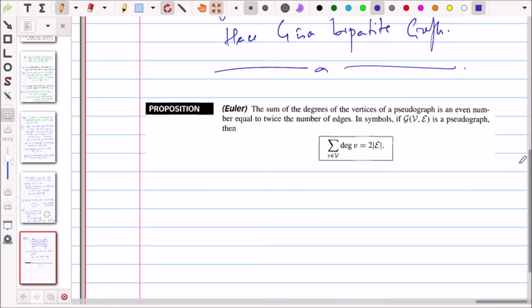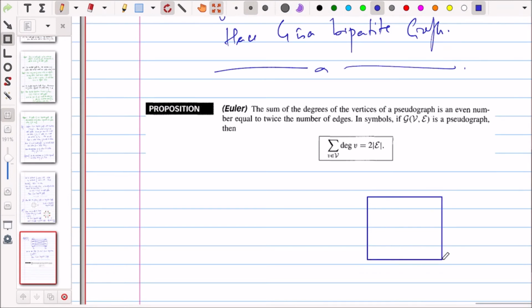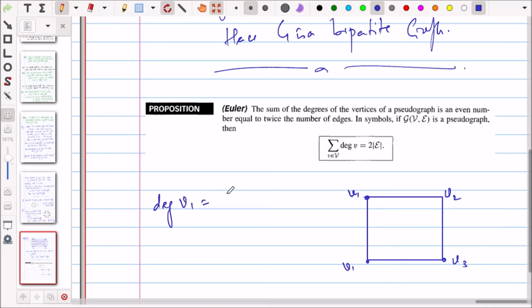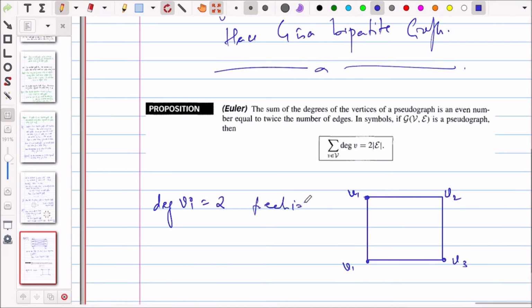For example, if we take a simple graph, if I take this graph, so this is our V1, V2, V3, V4. Degree of Vi is 2 for each i equal to 1, 2, 3, 4, right?